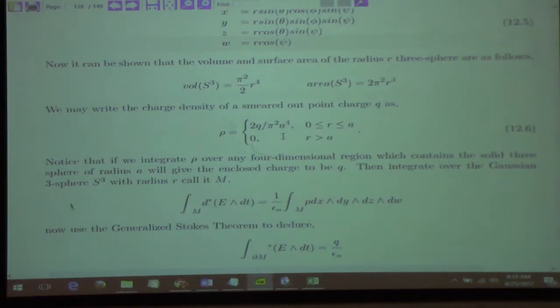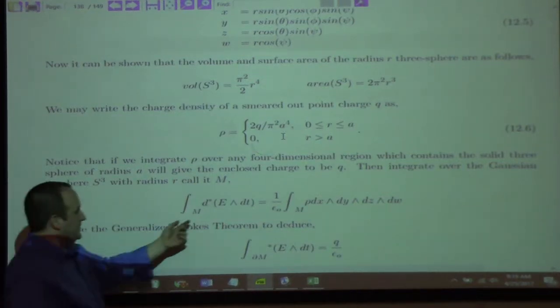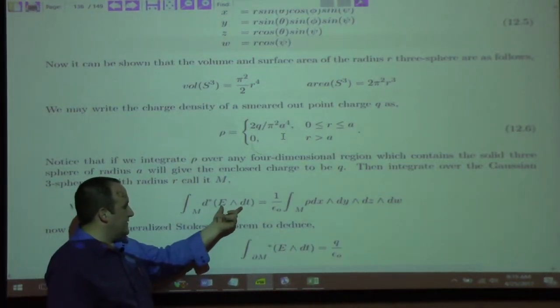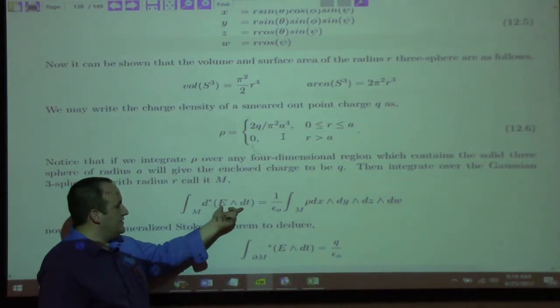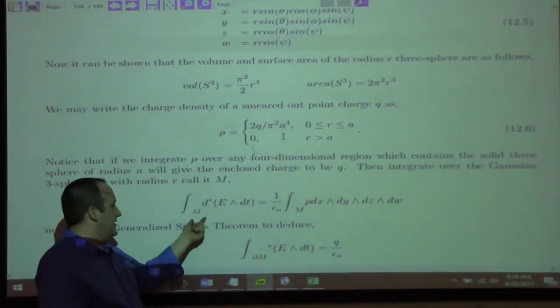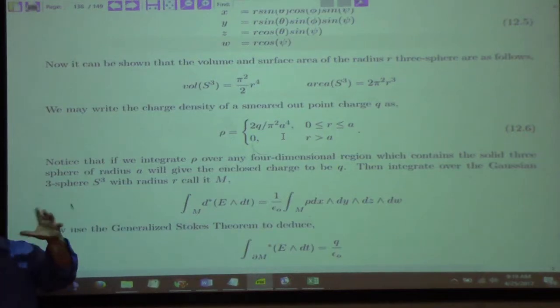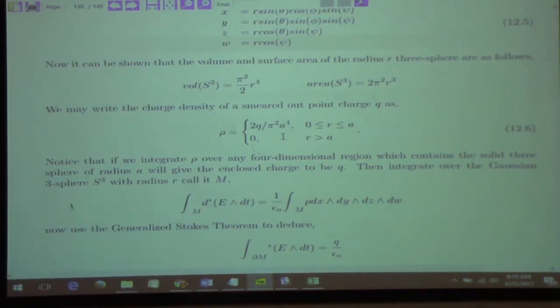So basically, I look at the integral of, let's see here, what is this? E wedge dt is a 2-form. I'm integrating it over a hypersphere, which is a surface here, I think. Oh, I'm sorry, I can't count. We're in 5-dimensional space.